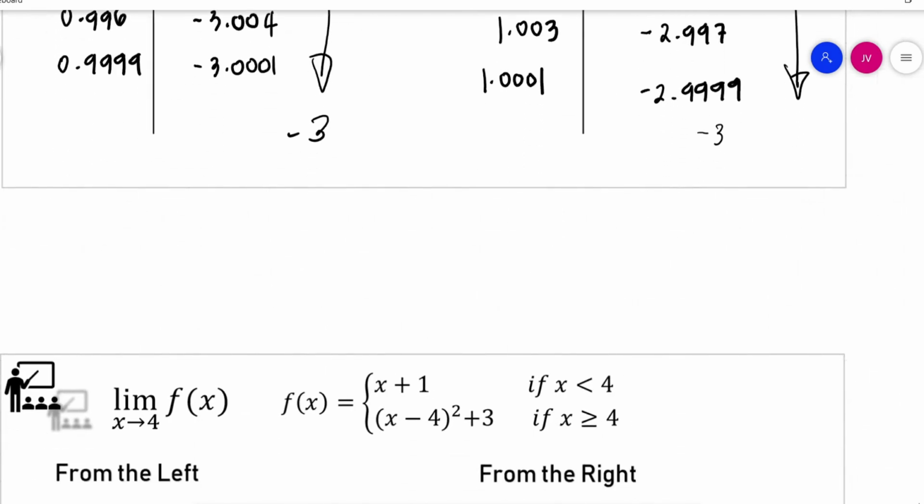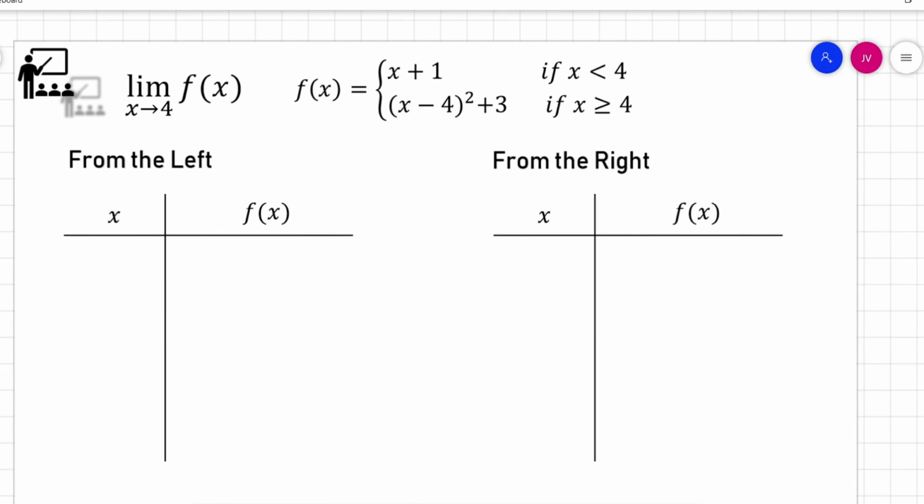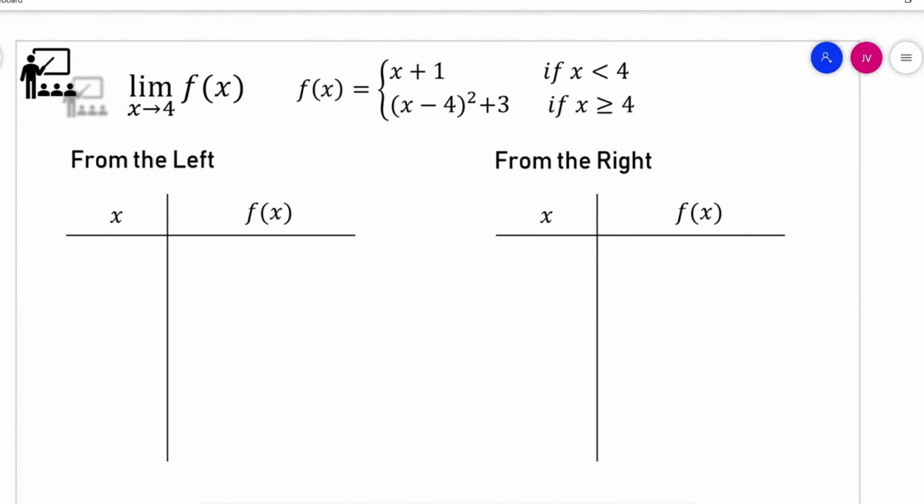So let us consider the next example. I think the last example for today. So we have here the limit of f of x as x approaches 4, wherein your f of x consists of x plus 1 if x is less than 4, and x minus 4 squared plus 3 if x is greater than or equal to 4.